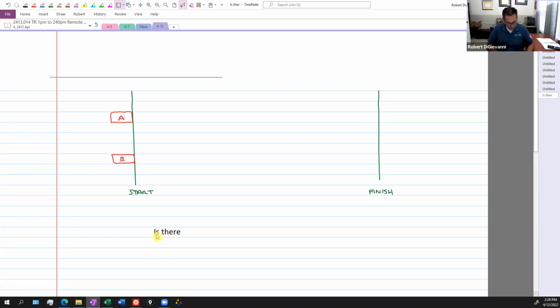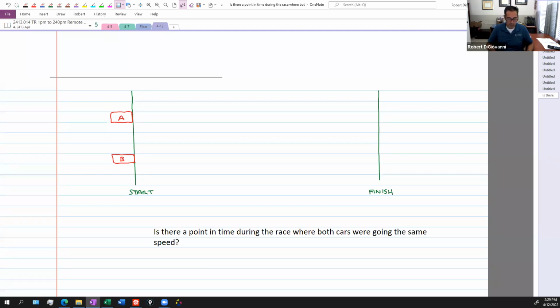Is there a point in time during the race where both cars were going the same speed? Think about it, don't answer yet. Is there a point in time during the race where both cars were going the same speed?